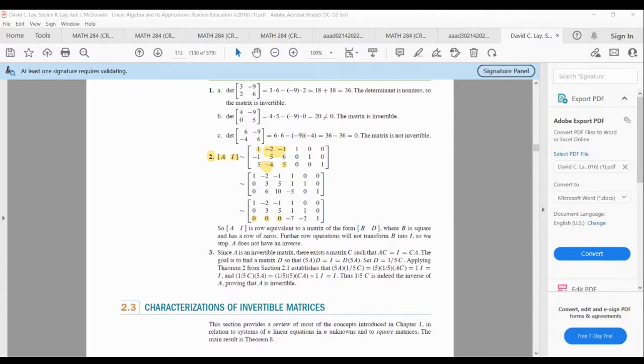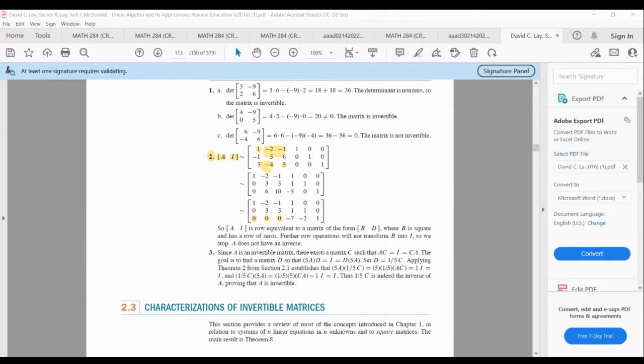So there is a matrix A, the matrix with first row 1, -2, -1, second row -1, 5, 6, third row 5, -4, 5. We do row operations on the matrix A, and we end up with the matrix on the bottom that has 3 zeros on the bottom row.